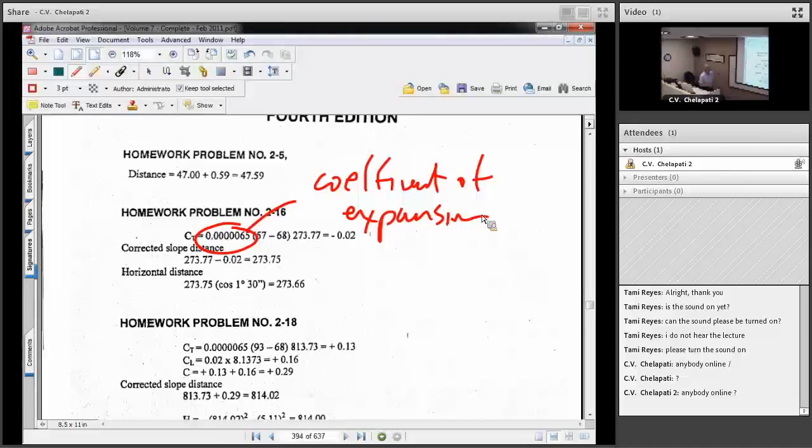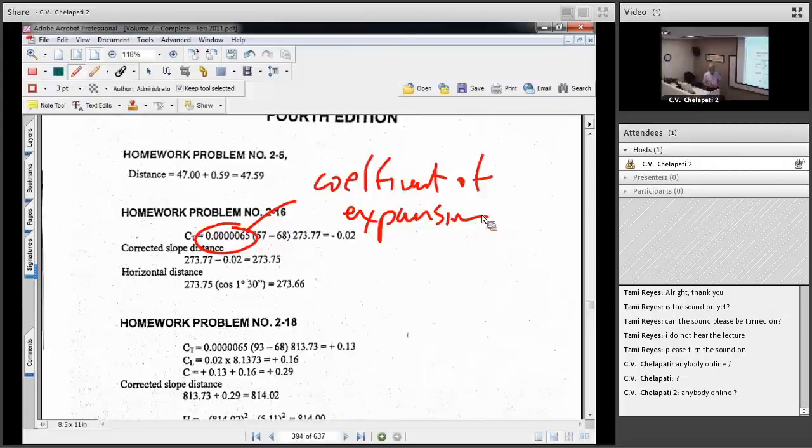Okay, then we're going to take the temperature of the air minus the standardized temperature times the length. So when we do that, we come up with a negative 200ths. So the next step would be to correct the slope distance, corrected for temperature. So we minus that 200ths, and then we're going to calculate the horizontal distance because we know what the slope angle is.